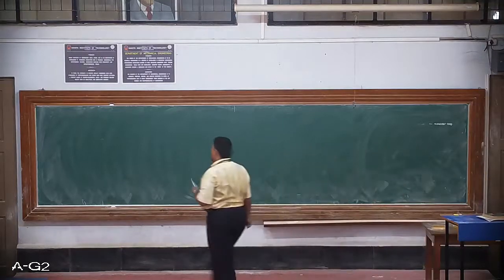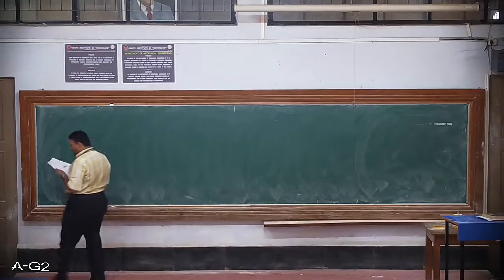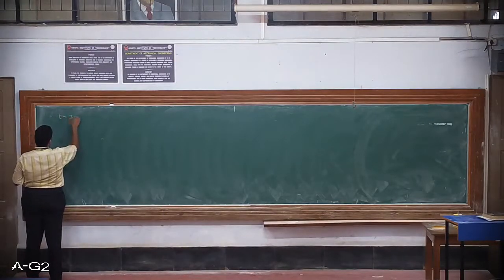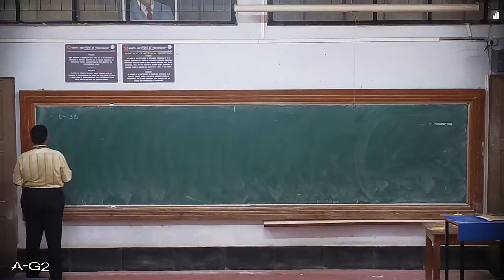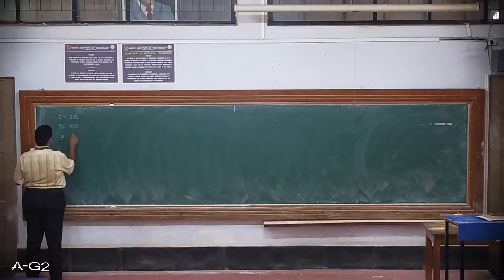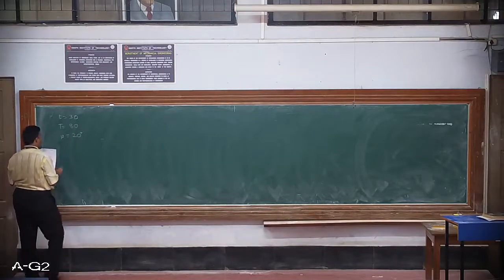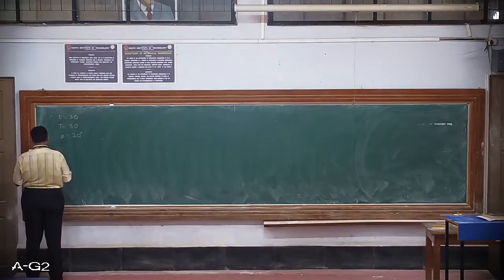So first let us note down the given parameters. Pinion is having 30 teeth, so small t is equal to 30. Gear is having 80 teeth, so capital T is equal to 80. The profile of the gears is involute with 20 degrees pressure angle, so phi is equal to 20.